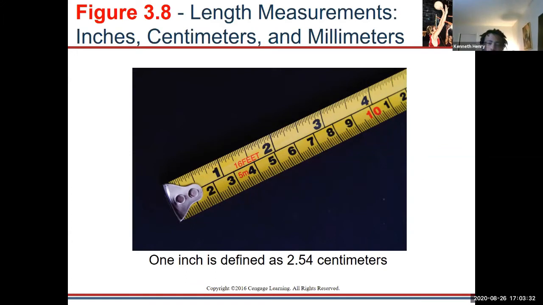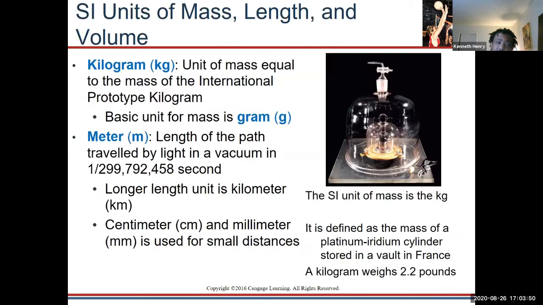Often you will see centimeters and millimeters, but meter is the one that we typically go by. Since we're working with things that are kind of small for the most part, things we can hold in our hands, we're probably not going to be using a meter. So we're going to be using those smaller units. It's the same thing with mass. We talked about mass earlier. Kilograms is the SI unit, but we're going to be working with things like grams.